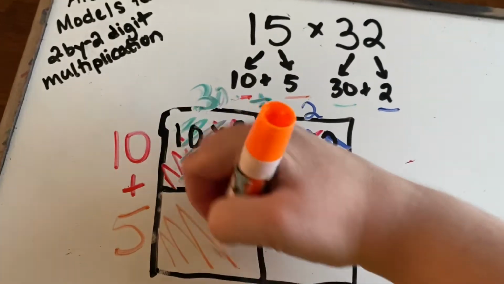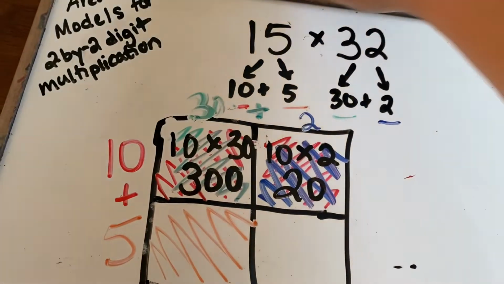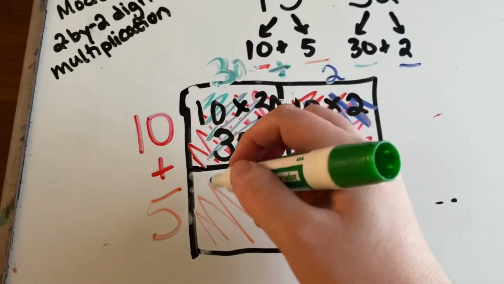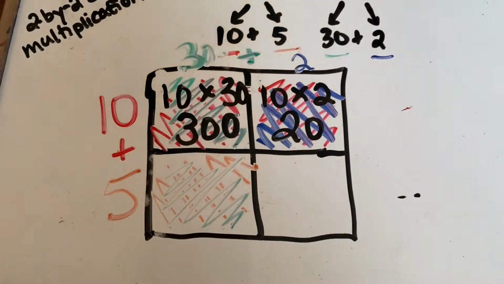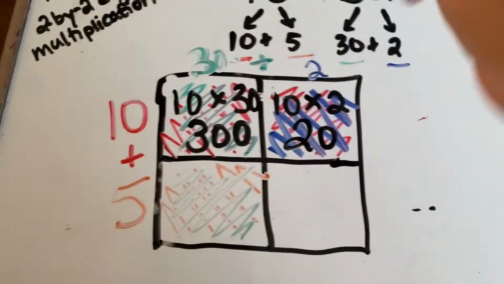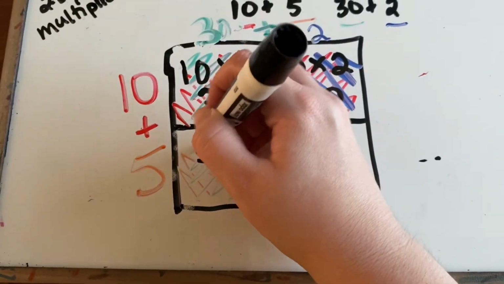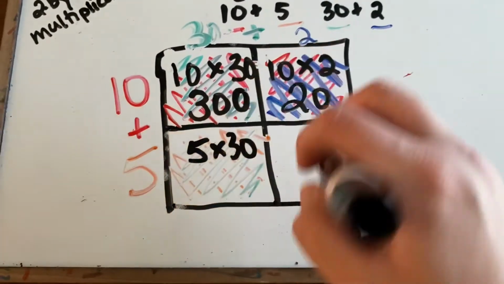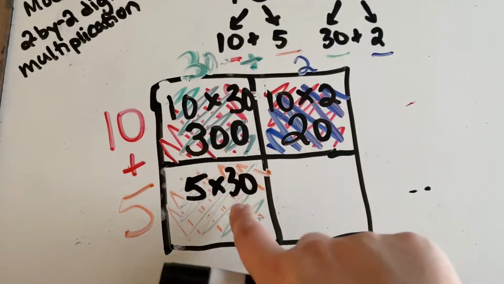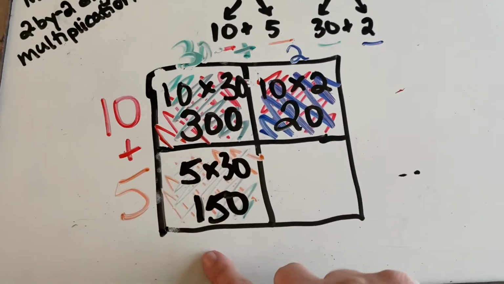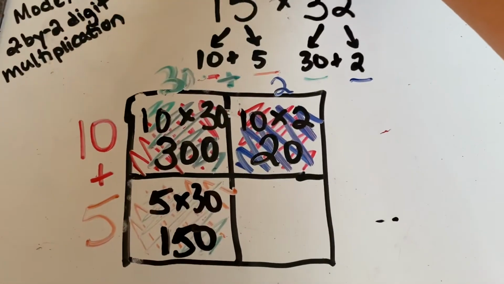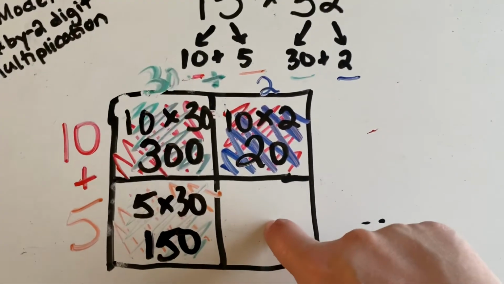So 5 times 30. I definitely need some new markers. Maybe Santa will bring me some markers. So I got 5 times 30. 5 times 3 is 15, plus 1 0. So that's 150.